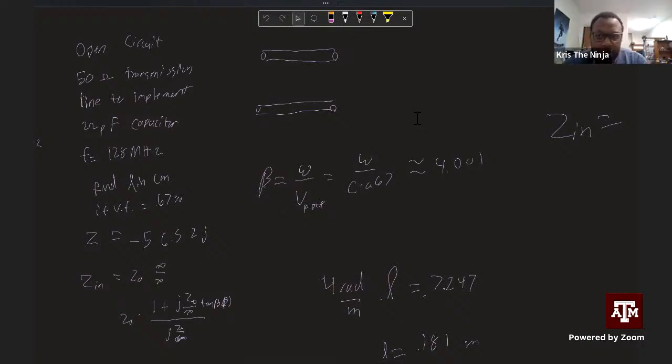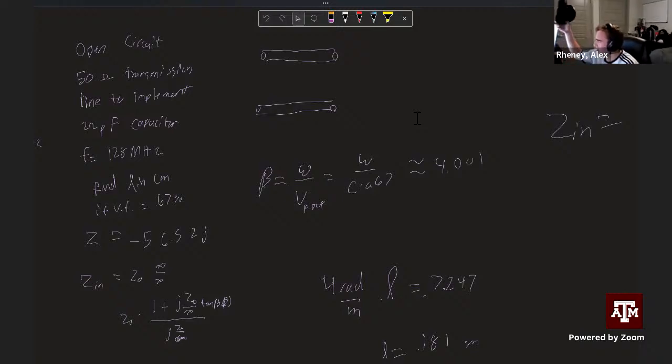I believe he gives it to us on the formula sheet, right? He gives us Zn equals Z naught times Z2 plus j Z naught tangent beta L over Z naught plus j Z2 tangent beta L.